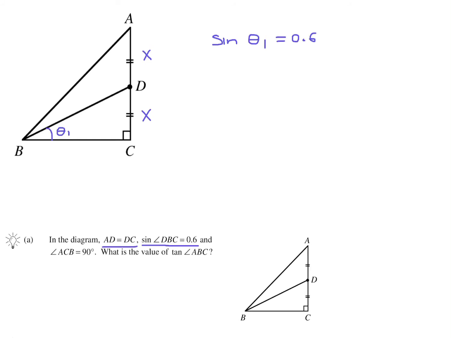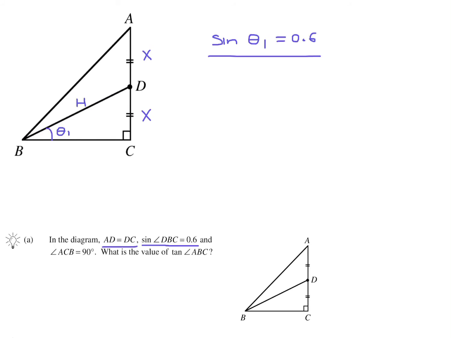So now let's work with this sine theta is equal to 0.6. If that is true, then the opposite over the hypotenuse is 0.6 for theta 1. Well, the opposite is right here, x, and the hypotenuse is right here, BD. Let's call it h, H for hypotenuse.